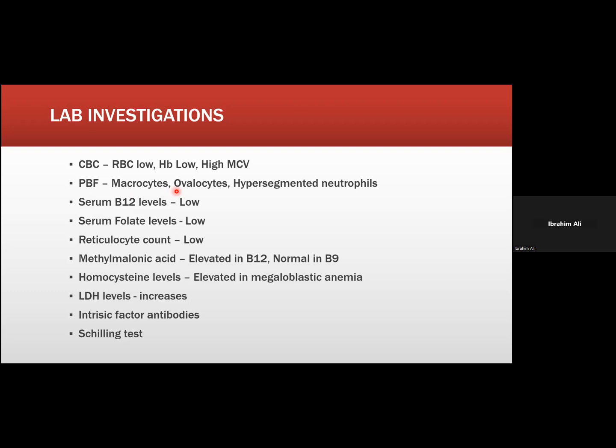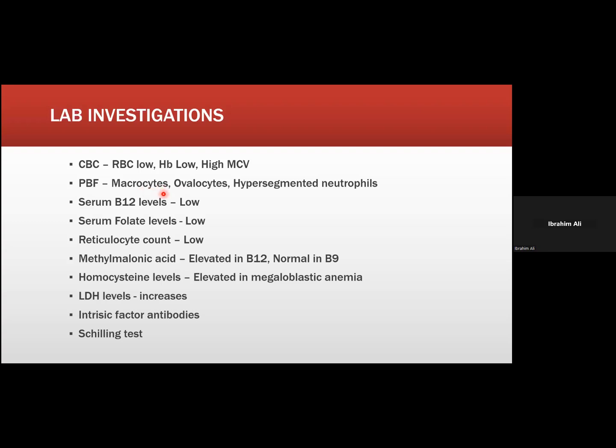So when it is on the PBF, that's the peripheral blood film, when it is on a slide and you compare the size of the RBC with the lymphocyte, you will see that in case of macrocytic anemia, the RBC will be larger than the lymphocyte. Normally it should be approximately the same. So if it is larger than the size of the lymphocyte, we'll say these are macrocytes, macrocytic anemia.